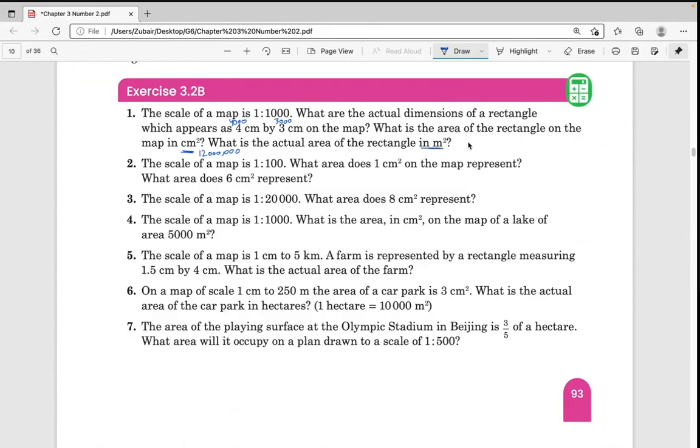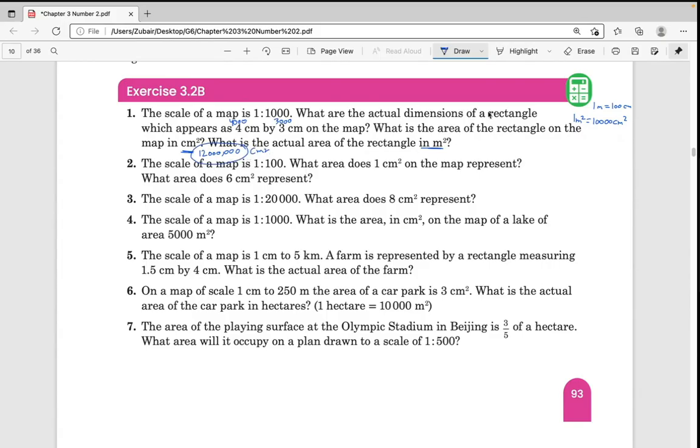What is the actual area in meter square? So we have centimeter square and meter square. Do we know that 1 meter is equal to 100 centimeter? Yes, sir. Now for area, I'm going to take the square on both sides. So this becomes 1 meter square, and on the right-hand side that becomes 10,000 centimeter square.